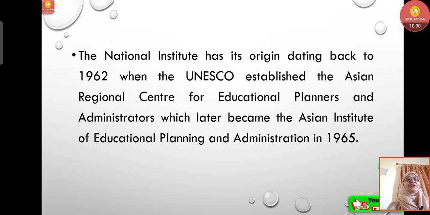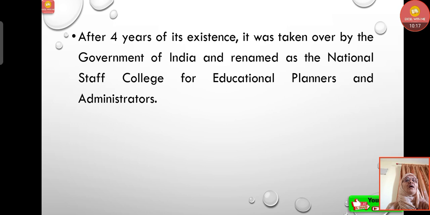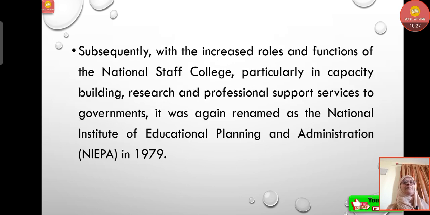The National Institute has its origin dating back to 1962, when the UNESCO established the Asian Regional Center for Educational Planners and Administrators, which later became the Asian Institute of Educational Planning and Administration in 1965. After 4 years of its existence, it was taken over by the Government of India and renamed as National Staff College for Educational Planners and Administration.